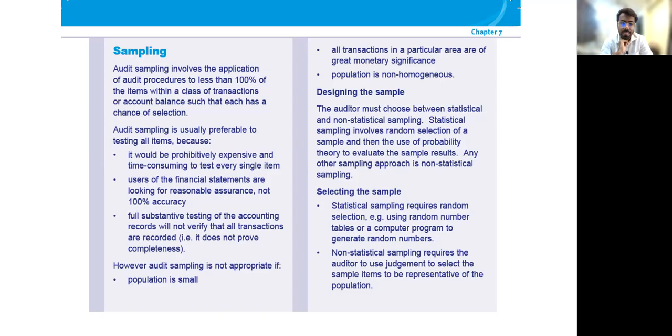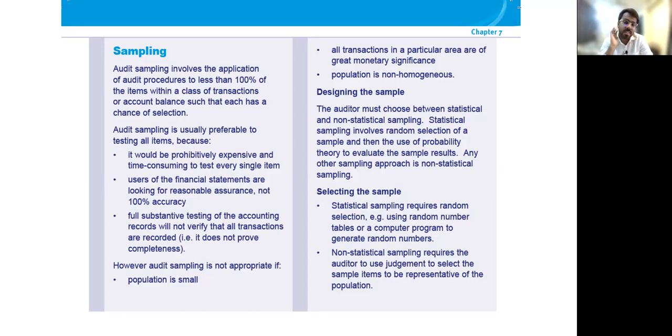Okay. But in certain situations, audit sampling is not appropriate and you have to do 100% testing. What are those situations? Those are given in the next paragraph. However, audit sampling is not appropriate when the population is small.